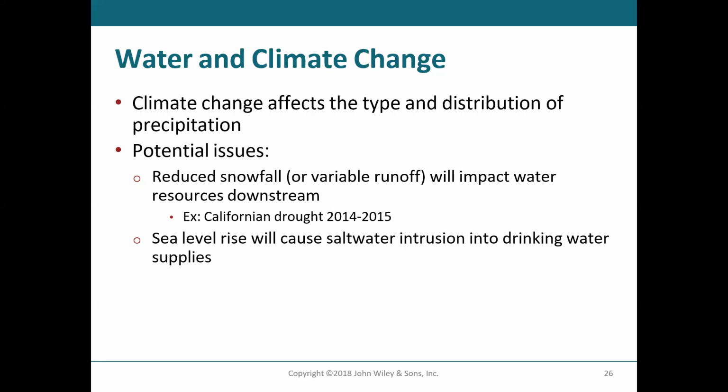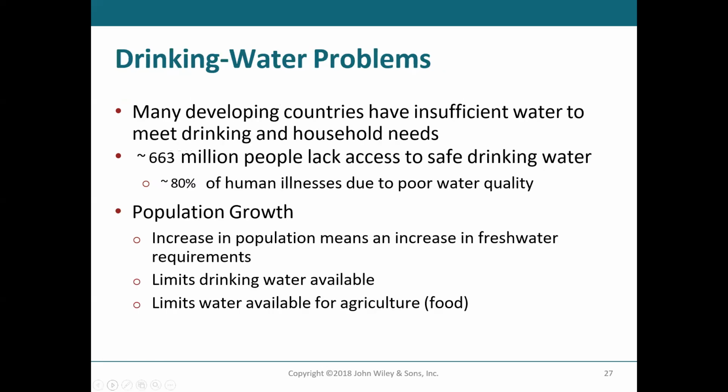There have been studies that show that a 10% decrease in rainfall in one part of Africa would lead to a 17% reduction in runoff, while the same precipitation decrease in another area would lead to a 50% reduction in runoff. So the distribution changes, and we will see how climate change will affect the hydrologic cycle.